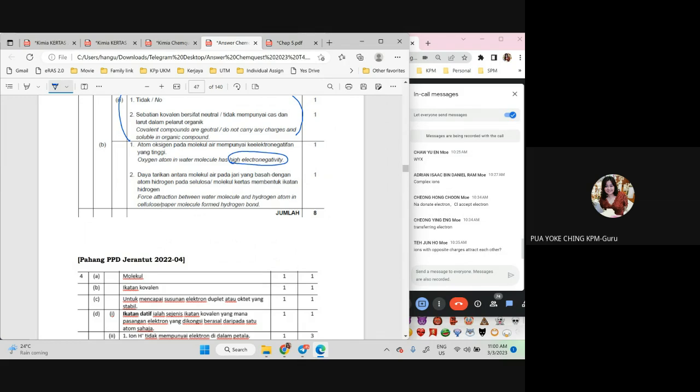Siapa yang high electronegativity atom? Okay. This one is actually your NOF. So you kena tengoklah dalam tu ada siapa. Ada N ke, ada O ke, ada F. So dalam water, yang ada ialah O lah.